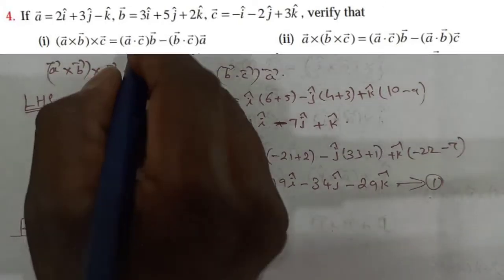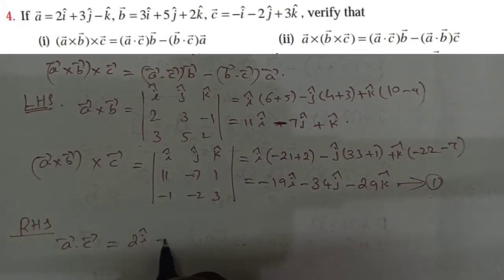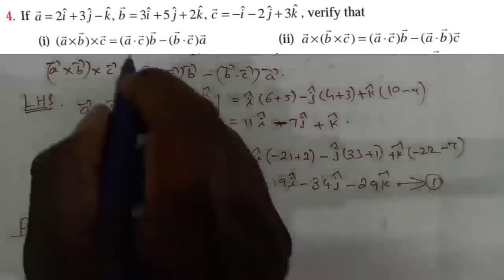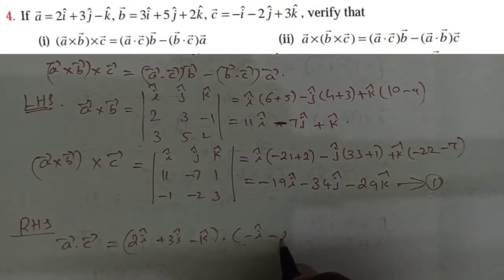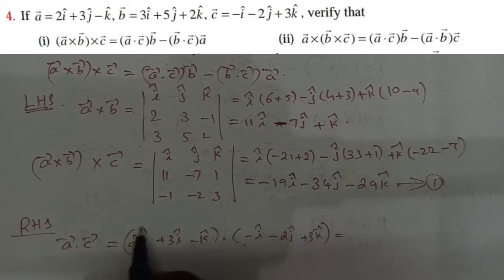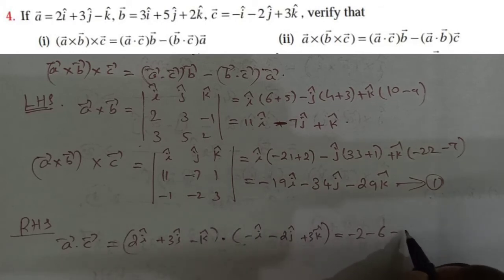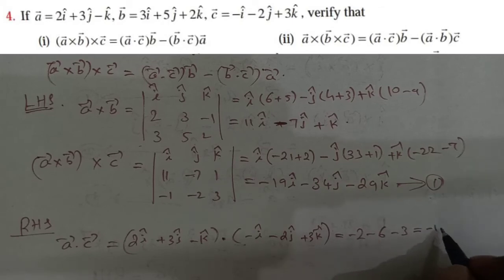That is 2 i cap plus 3 j cap minus k cap, dot C vector, whose value is minus i cap minus 2 j cap plus 3 k cap. That is the dot product. So 1 2 are 2, so minus 2, this is 3 2 are 6, minus 6, and 1 3 are 3, so minus 3, which is equal to minus 11.